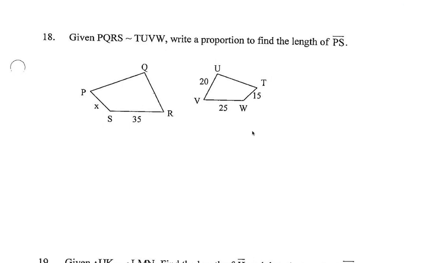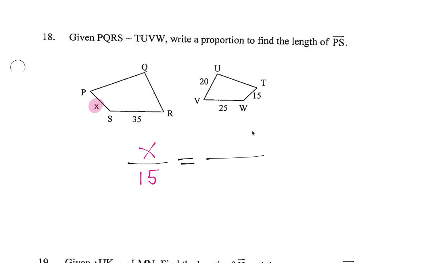So for over here, if they want us to find X, I better involve X in my proportion. X is PS, and I know that PS goes with TW, so 15.